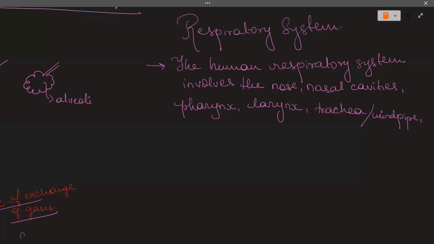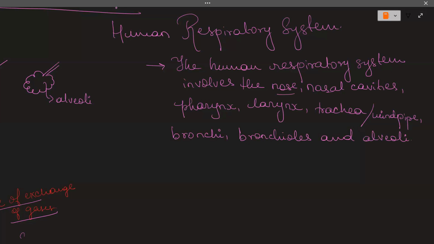Now, it contains these many things that I'm writing right there on the screen. All of these are the components of the human respiratory system.